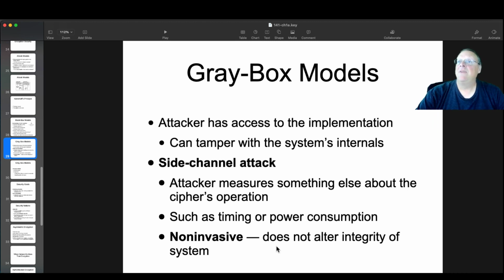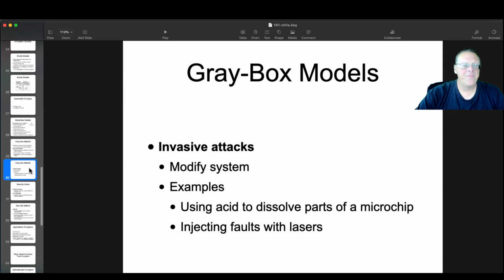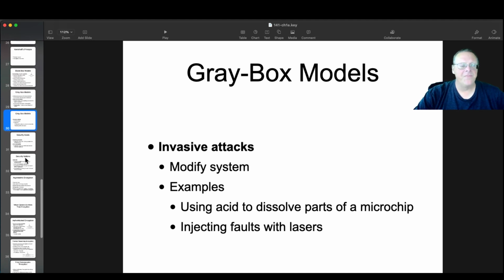This is, by the way, very deadly, almost impossible to prevent. It depends on the hardware and the algorithm and everything. And then there are invasive attacks, where you actually modify the system doing the encryption by messing with the hardware, breaking the hardware, exposing it to radiation, causing it to make more errors, and then using the errors to deduce something about the key. That's also very powerful, but it depends on what type of hardware you're using.